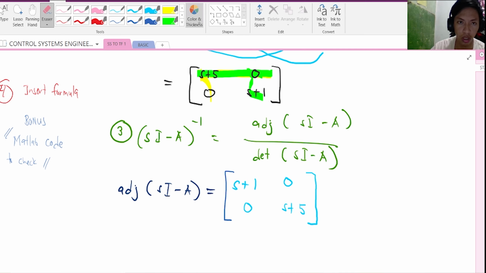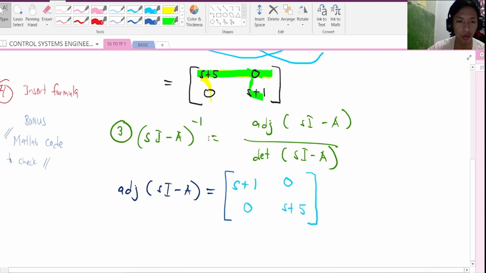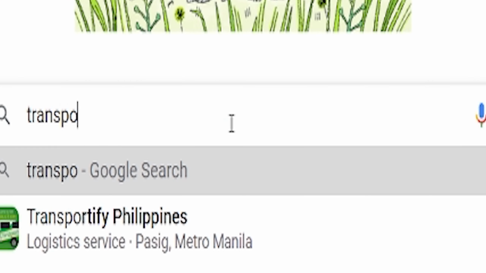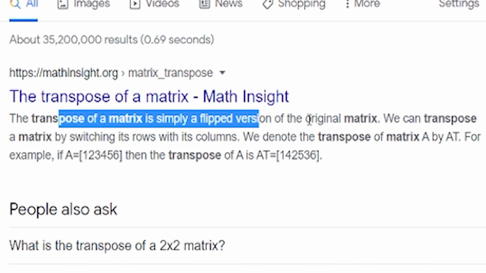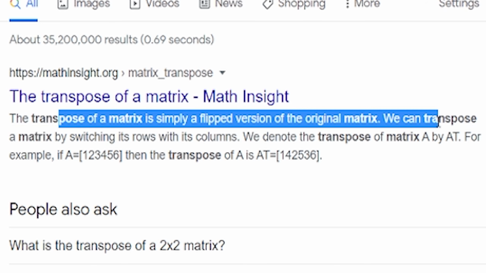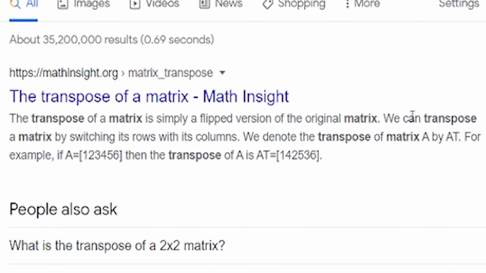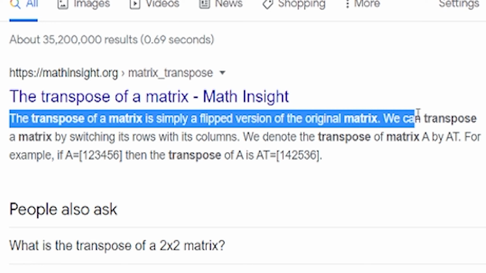Next would be transpose. You have to transpose when looking for the cofactor. Okay, so basically the transpose of a matrix is just a flipped version of the original matrix. We can transpose a matrix by switching its rows with its columns.